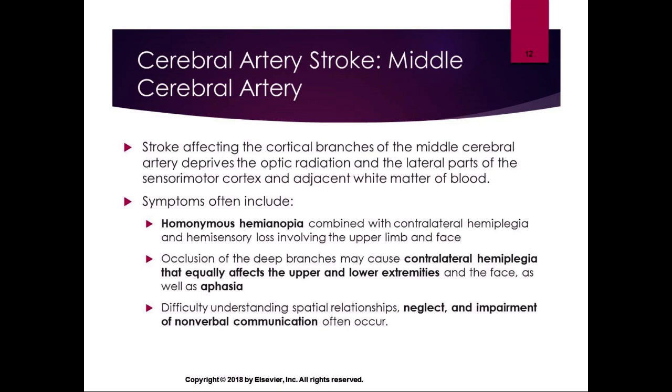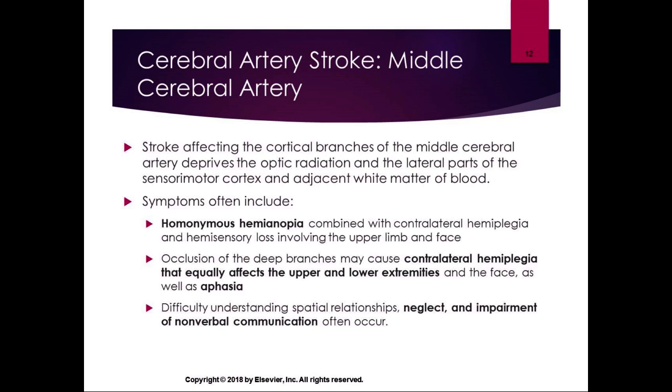Very common symptoms. You can also get contralateral hemiplegia that affects the upper and lower extremities and face, as well as aphasia. And aphasia is difficulty with speech. In the next module, we're going to talk about specific types of aphasia and what areas are affected with those.